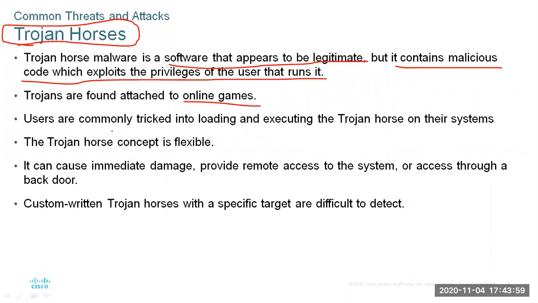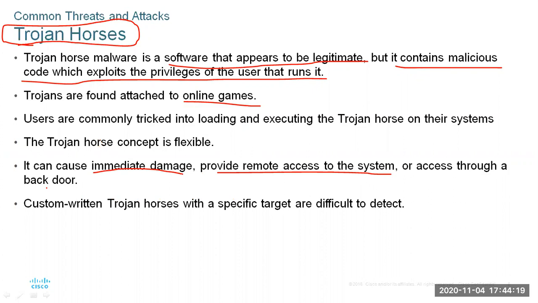So you click it, you install it thinking it's a software, thinking it's a game, thinking it's a movie and things like that. So it can cause immediate damage, provide remote access to your system, or access through a backdoor, okay?